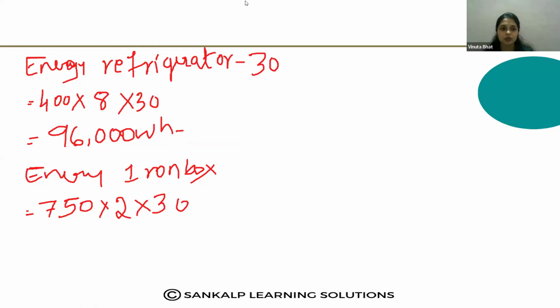So the total energy consumed is 750 into 2, that is equal to 1500 into 30, that is equal to 45,000.